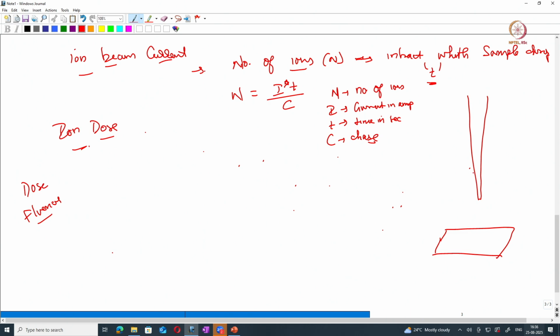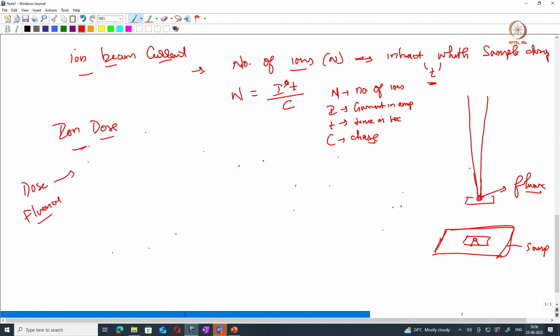So if you have this particular sample, fluence can be described by this particular area, just before the interaction, the number of ions that pass through an area, correct? That is called fluence. And dose is the number of ions that have traveled into the sample surface.